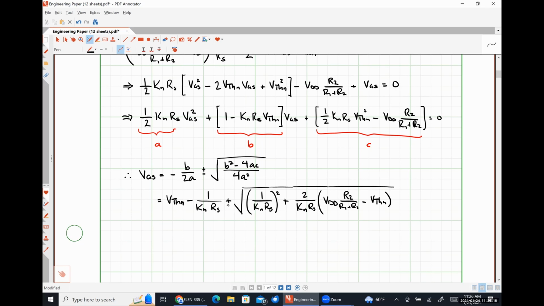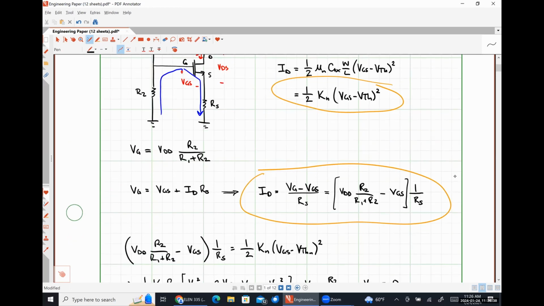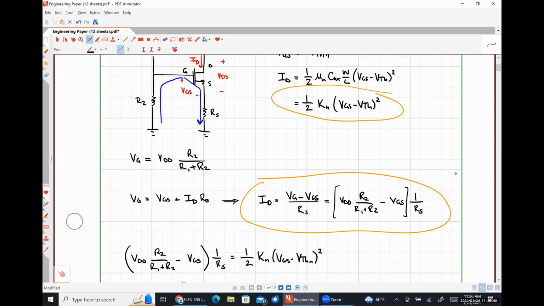Okay. So VGS with channel length modulation neglected will always just be this, determined completely by the parameters of our circuit. So our supply voltages, our resistors that we're using to bias things, our transconductance parameters, that's it. Okay. So once we know what VGS is, we can calculate ID, right? Because ID is given by either of these two relationships.